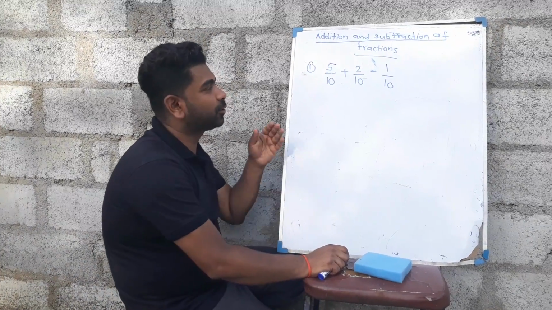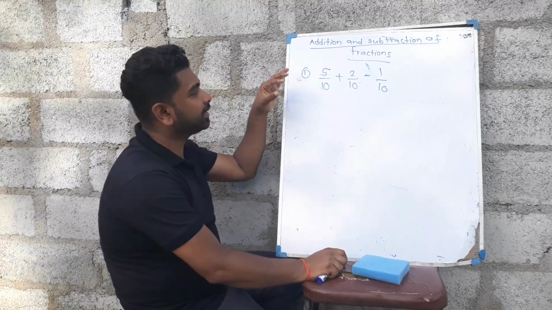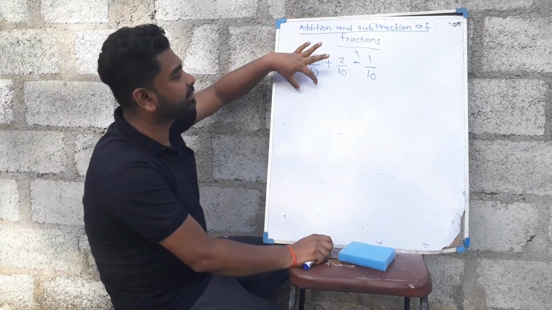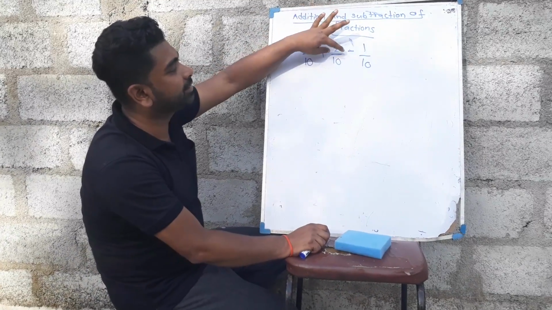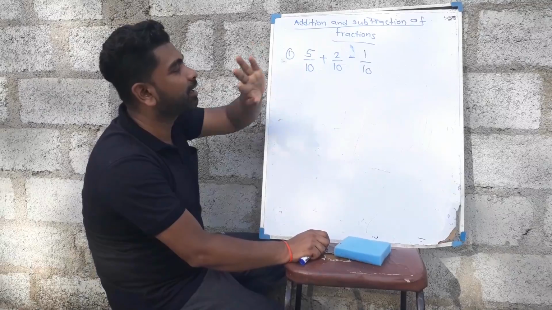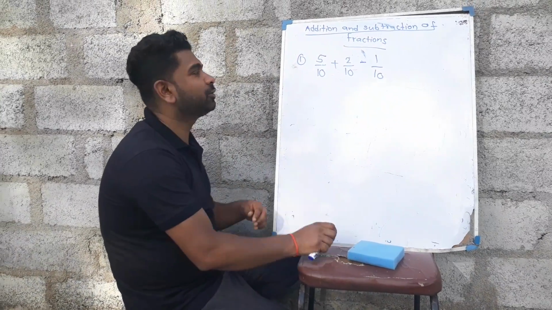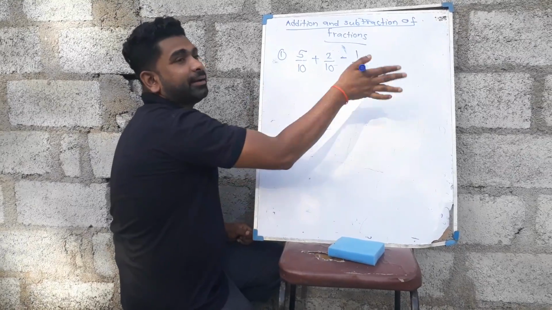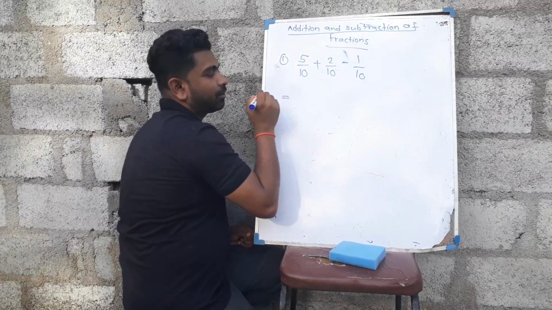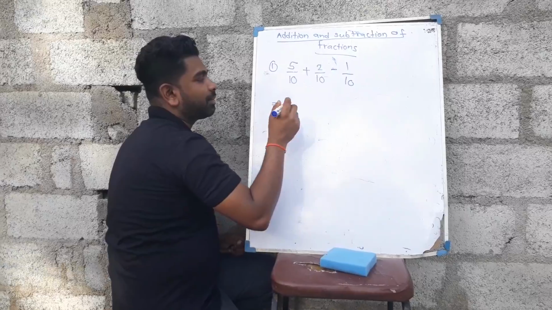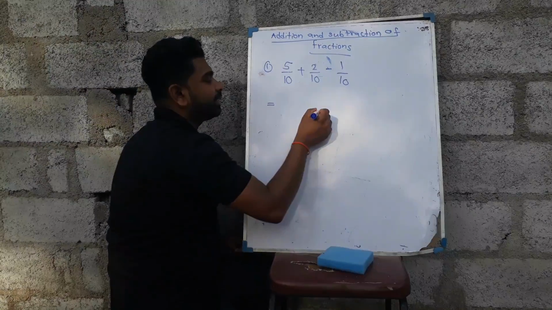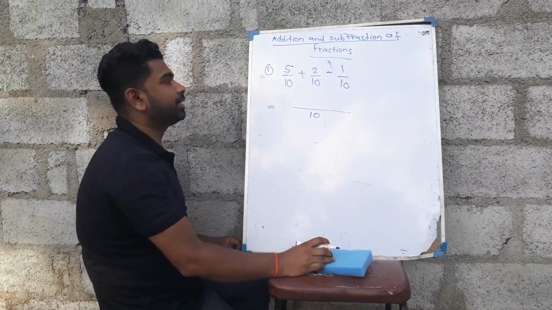You can see here 5 tenths plus 2 tenths minus 1 tenth. Here there is a common denominator, 10, 10, 10. So put an equal mark, and you keep 10 as the common denominator.